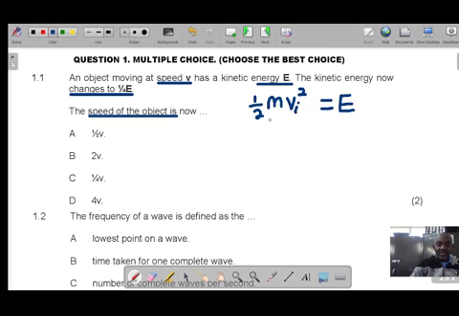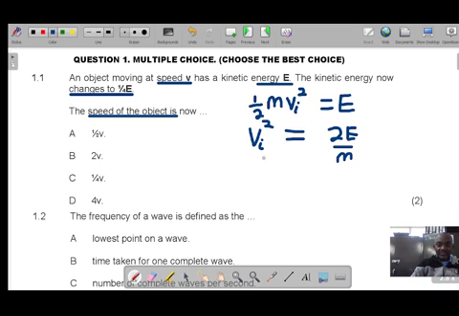So this 2 is going to be multiplied here, then divided by m. I get VI squared equals 2 times E, that is 2E, where E represents kinetic energy, all divided by M. If I want to remove my square here, I square root both sides. This is V initial, the initial speed.